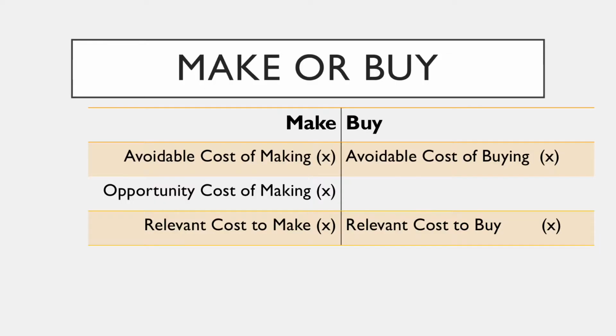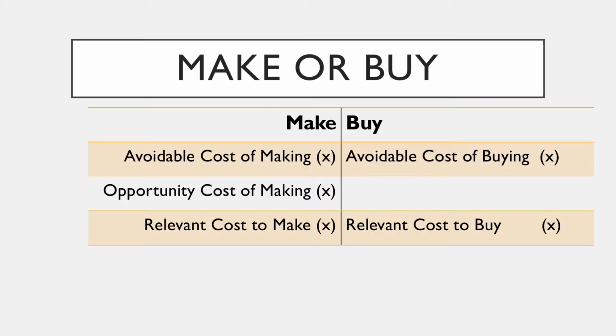There is an opportunity cost when it comes to making, considering that the make option would consume factory space. Such could have been used for something else, like renting it out. The foregone income from such alternative use is an opportunity cost of making.